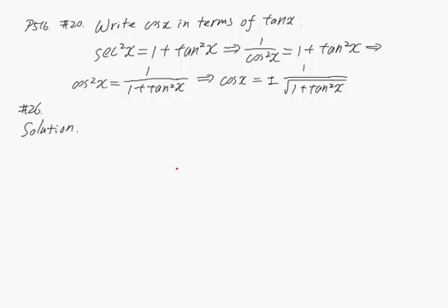Since we know the secant alpha equal to negative 4 times root of 5 over 5, right? Then the easiest to get is which one? Cosine, right? So the easiest to get is the cosine alpha, which is equal to 1 over the secant alpha.